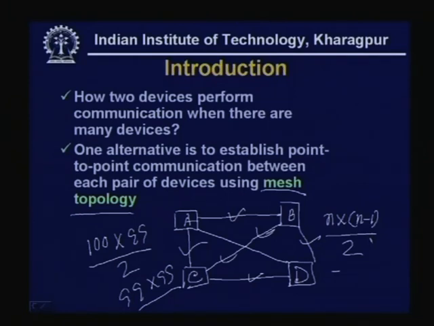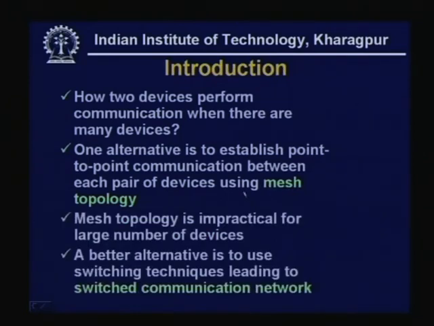So, this is not a good choice. So, what is the alternative? One alternative is to use switched communication network. So, whenever you have got large number of devices, as I mentioned, mesh topology is not practical. So, a better alternative is to use switching techniques leading to switched communication network.